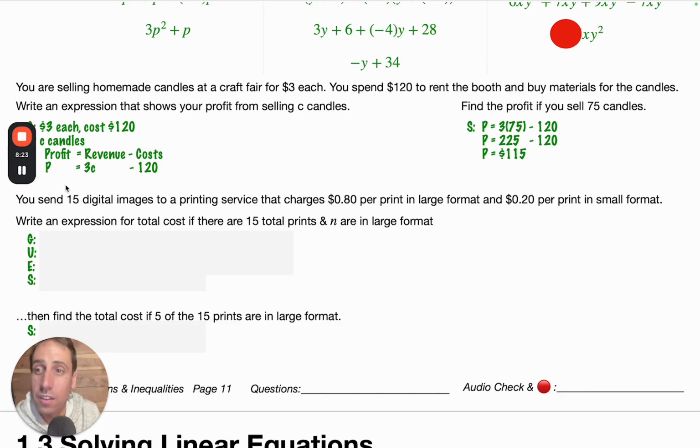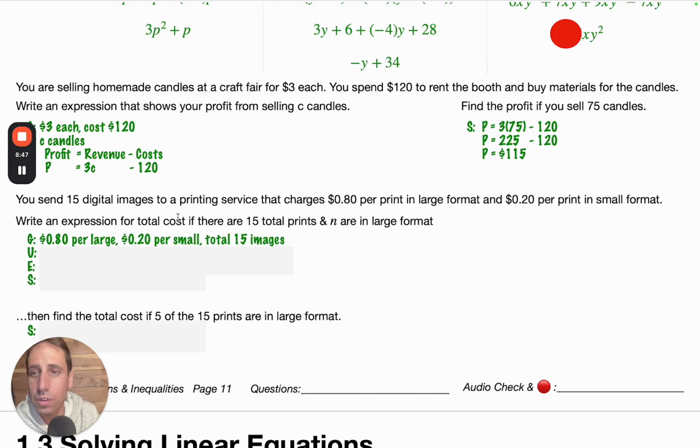All right. You send 15 digital images to a printing service that charges 80 cents, $0.80 per print in large format. We also got the small print version, which is 20 cents. Write an expression for a total cost if there are 15 total prints and n of them are in large format. Oh my gosh, there's so much to organize. What's going on here? Let's get organized. G, givens.